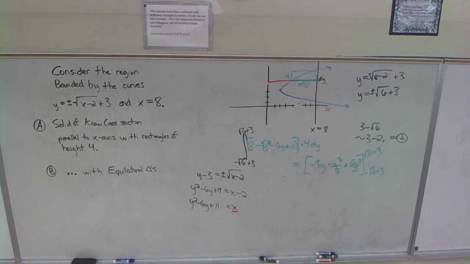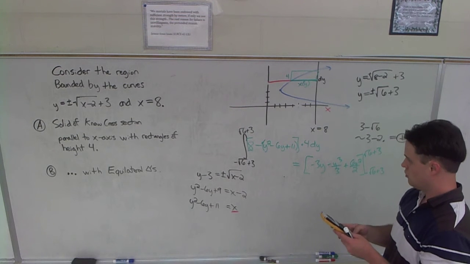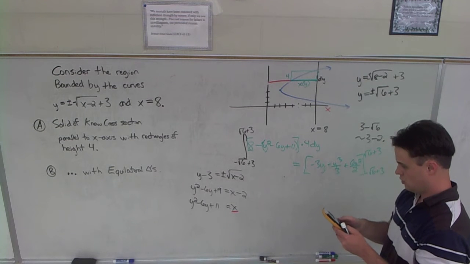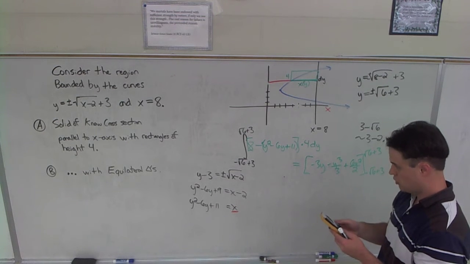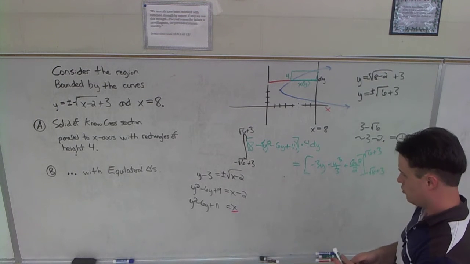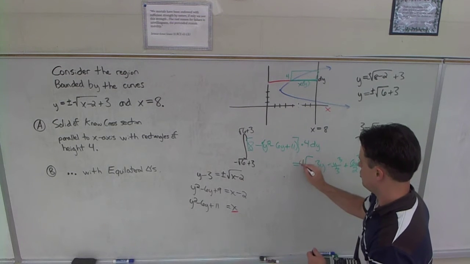So what I got after you math 9 it, let's see, math 9 was negative root 6 plus 3 to positive root 6 plus 3, and I'm just going to type this in right here. Factor that 4 out in front, 4.